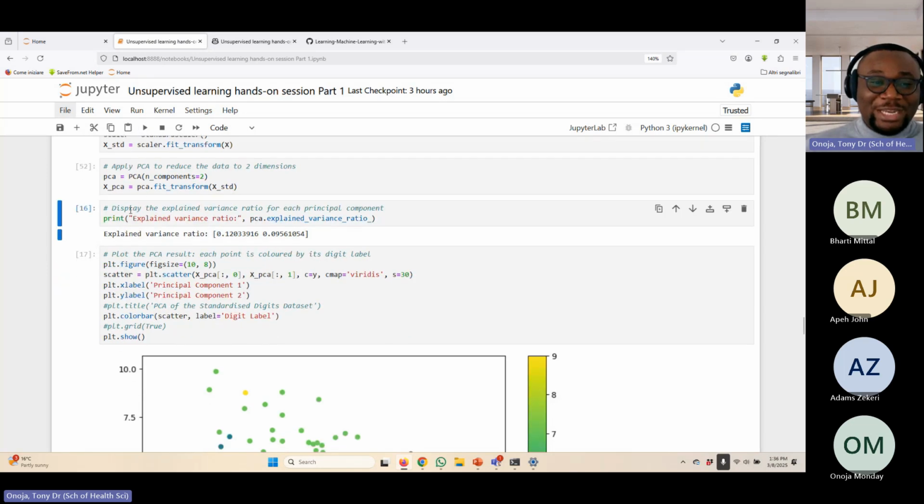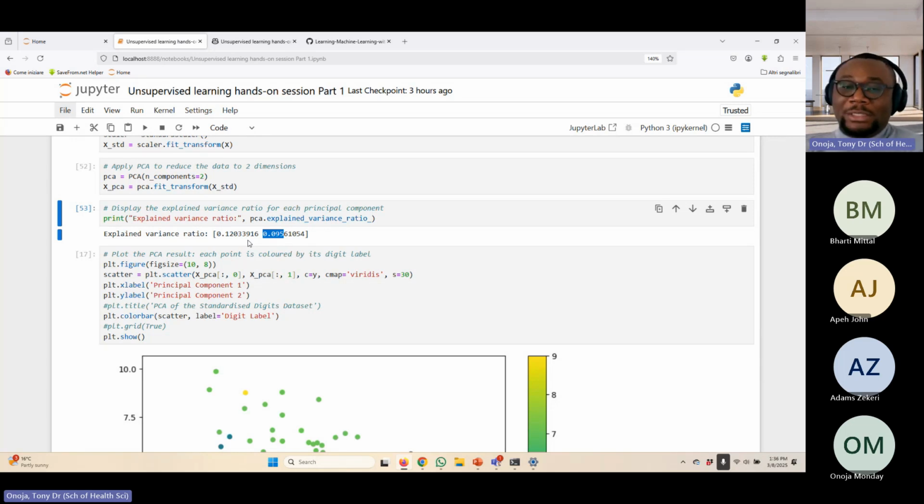Okay, so when you do that, the next thing is to see how much of the variation was explained. The first dimension explained just 12, and the second dimension explained around 10. In other words, the variability captured here was not a lot, and that's because the data is quite complex.